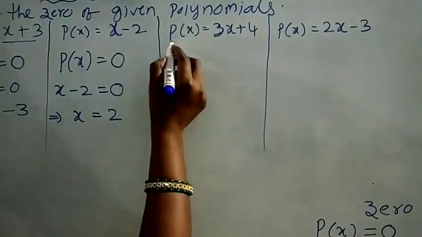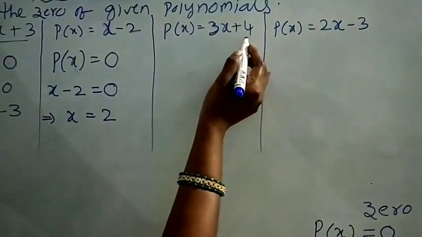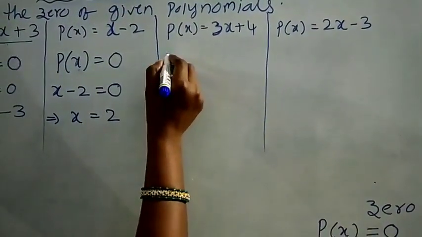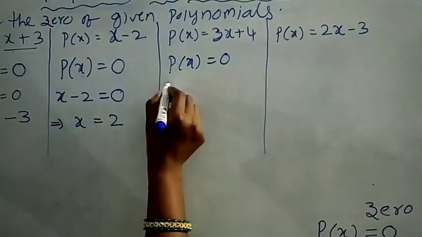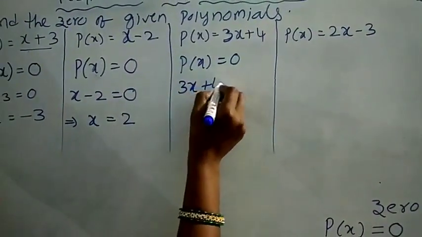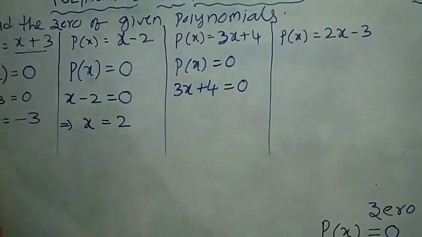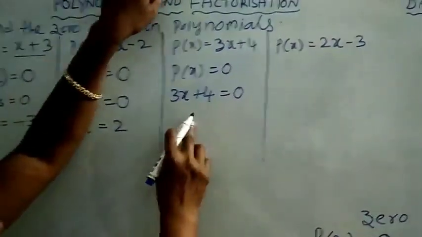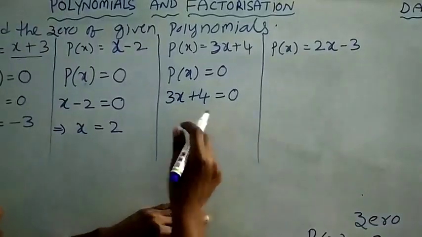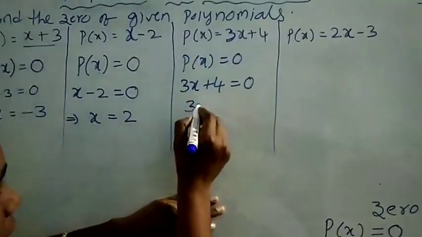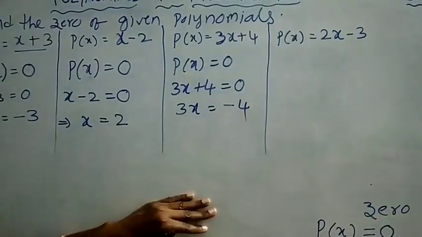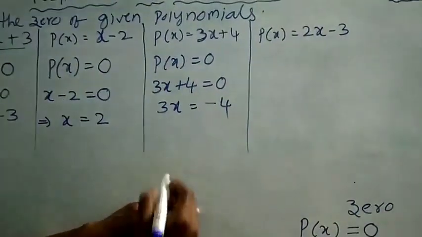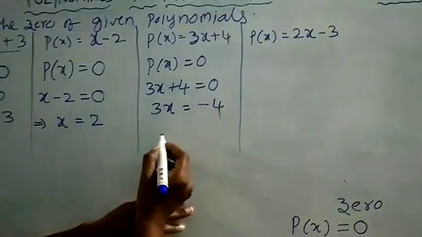Next, P of x is equal to 3x plus 4. Find the zero of this polynomial. So, here also P of x is equal to 0. That means 3x plus 4 is equal to 0. How to find the x value here? 3x is equal to, if plus 4 transposes to that side, it will become minus 4. 3x is equal to minus 4.